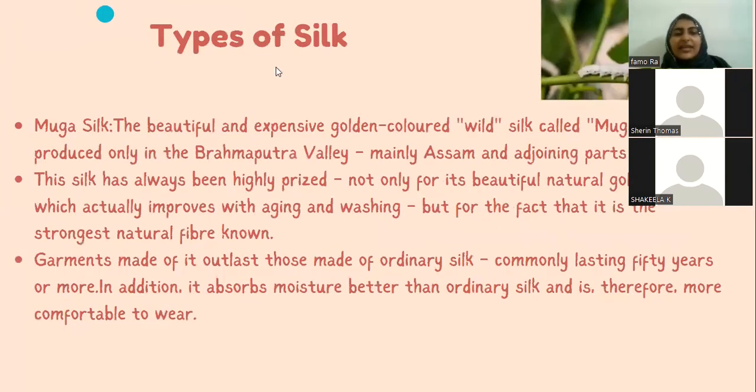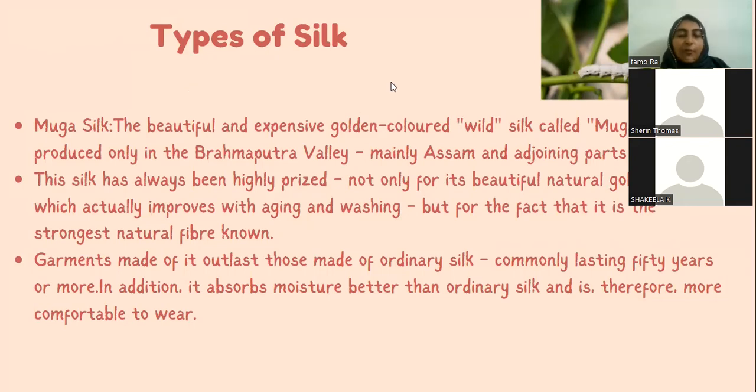Now the next type of wild silk is Muga silk. Muga silk is actually very beautiful, an expensive golden colored wild silk, which is produced in the Brahmaputra Valley, the northeastern side, that is Assam, and adjoining parts of Burma. The silk is very highly priced because of its golden color, and its quality even increases with washing or aging; it doesn't decrease.